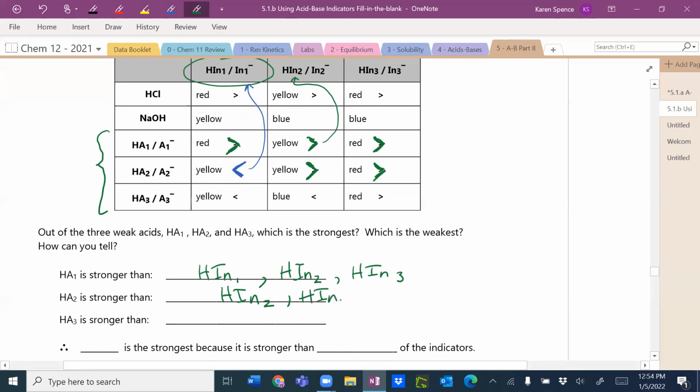And finally, we go to our HA3, which is weaker than indicator 1. It is weaker than indicator 2, and it is only stronger than indicator 3.